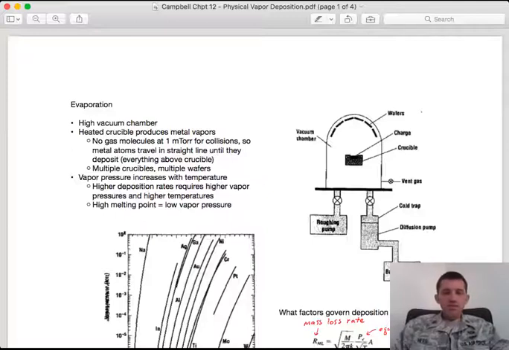This is so that the metal atoms travel in a straight line and have a fairly long mean-free path so that they don't collide on the way and change their trajectory. So you evacuate the atmosphere so that you are unlikely to suffer a collision.